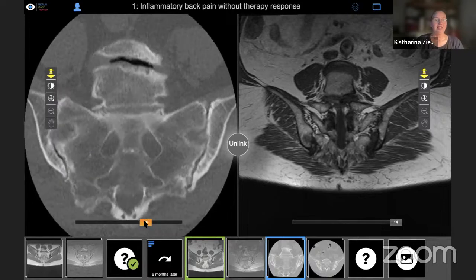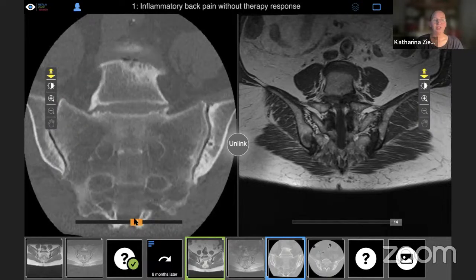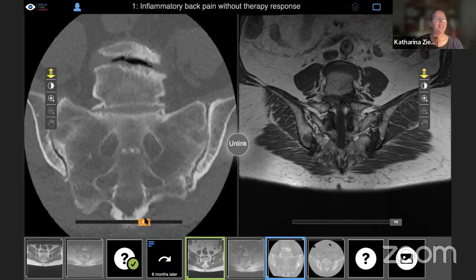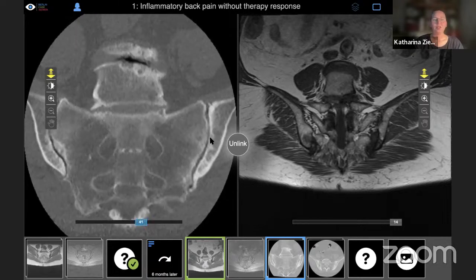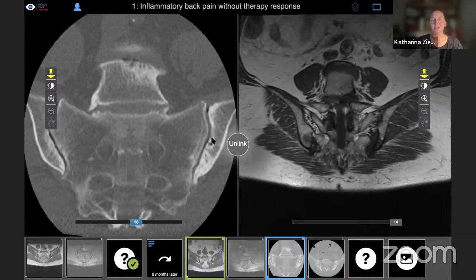I'm going to go through this slowly. We don't actually see any erosions. There are some slight surface irregularities of the joints, but usually you would expect deep erosions, at least this size. So they should be really well visible if there were any, but there actually aren't. There are some subchondral cysts.